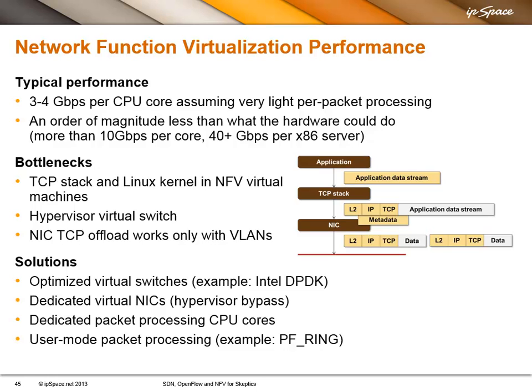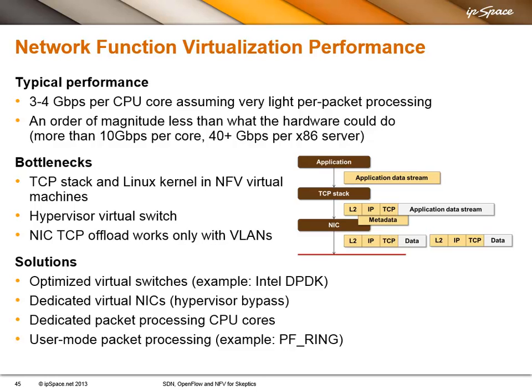If you want to have higher performance, you have to get rid of the kernel, you have to get rid of the interrupts, and you have to do all packet processing straight in user mode, interacting directly with the hardware. For example, this is what the PF-Ring software for Linux does.